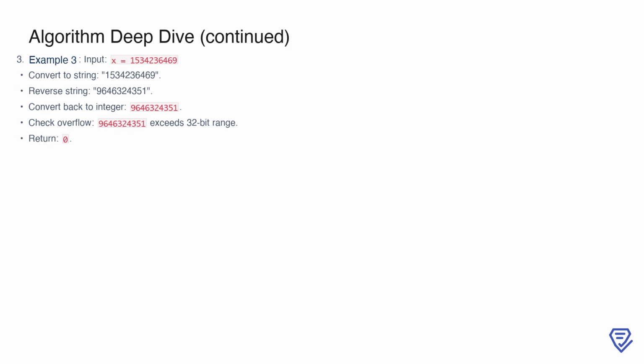However, this exceeds the upper limit of the 32-bit signed integer range, which is 2147483647. Therefore, rather than returning an invalid result, we return 0 to indicate an overflow condition. This example demonstrates the importance of the overflow check in ensuring the correctness of our solution for larger inputs.